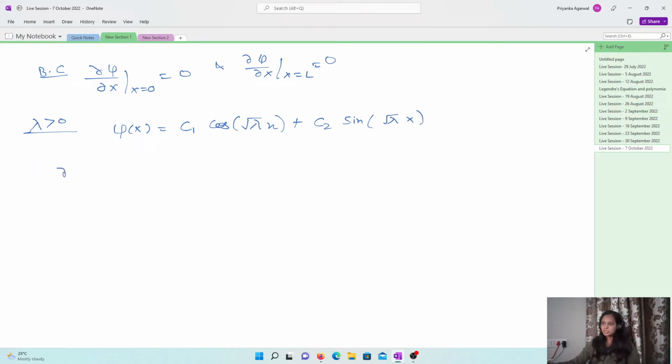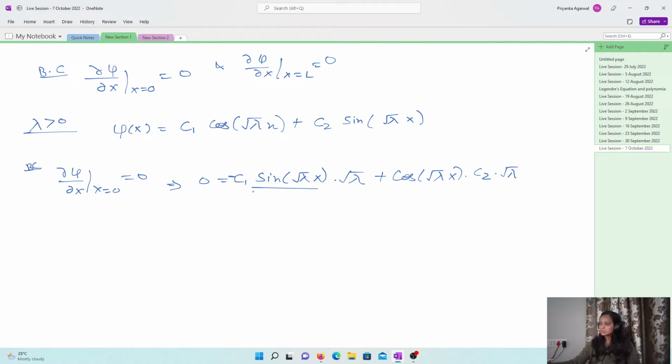So if we apply the boundary condition, which is del psi over del x at x equal to 0 is 0, what do we get? 0 equals to minus C1 sin root lambda x into root lambda, plus cos root lambda x C2 root lambda.